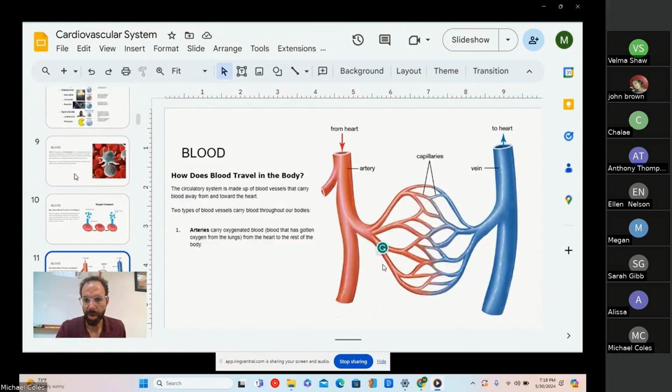So like I said, coming from the heart, going to the arteries, the veins, capillaries, then this venous portal is dropping off the oxygen and then carrying these red blood cells back up to the heart where they're going to get more oxygen.